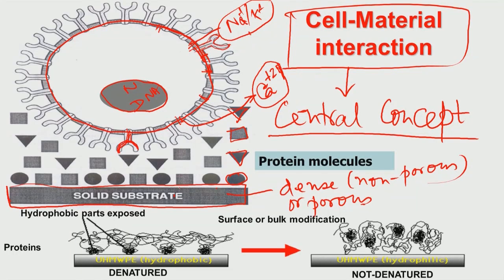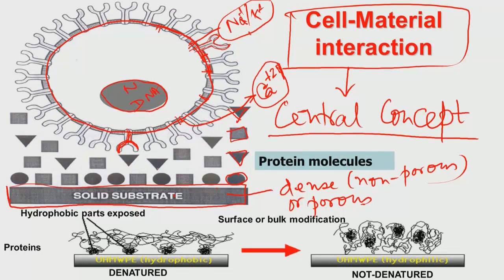The solid substrate will have immediate interaction with the protein molecules, simply because you have such an abundant pool of protein molecules. Okay. Now once these proteins get adsorbed, which takes place within just a few minutes after placing the solid substrate in a culture medium, what is the next stage, the next level?